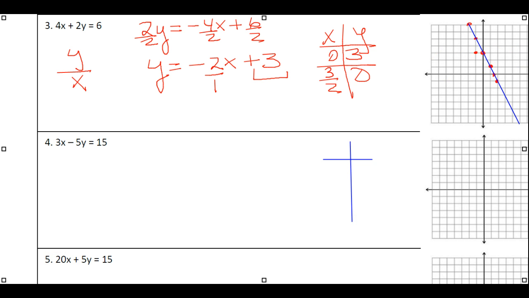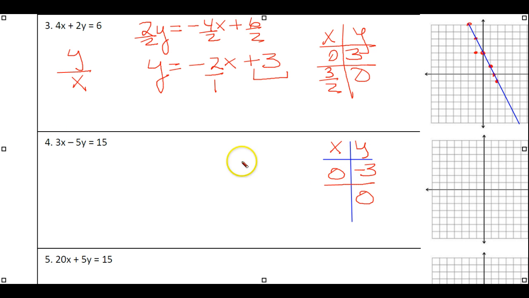Now this one would work out very well. We're going to use our x and y intercept T-chart. When it's in standard form, that's an easy way to do it. And both the 3 and the 5 are divisible into 15 evenly. So if x is 0, 3 times 0 is 0, this is going to be a negative 3.